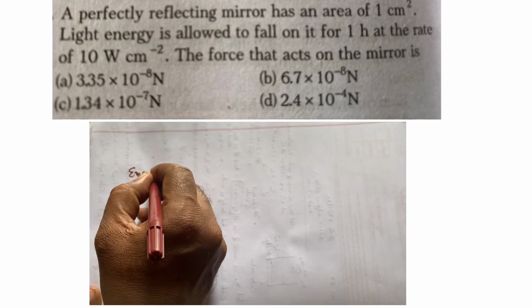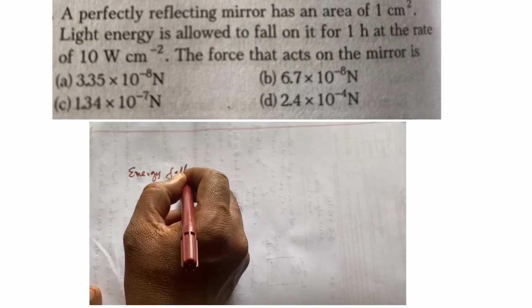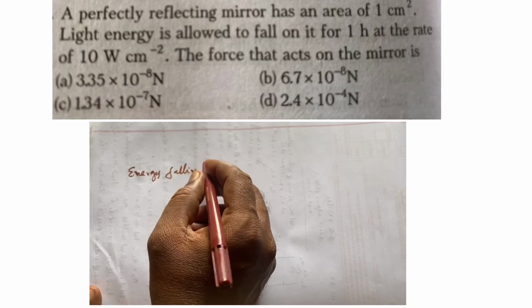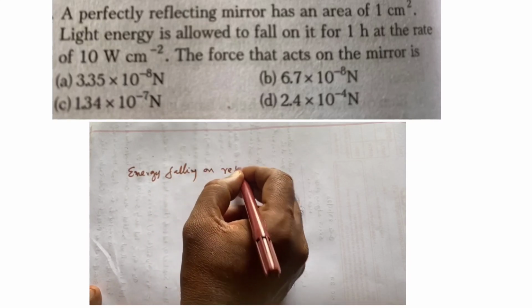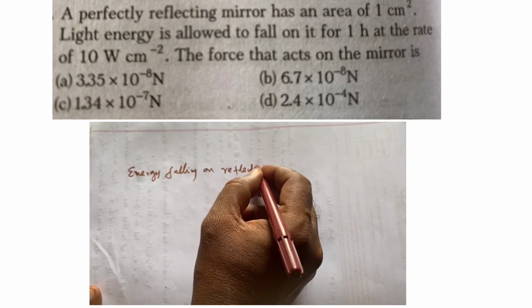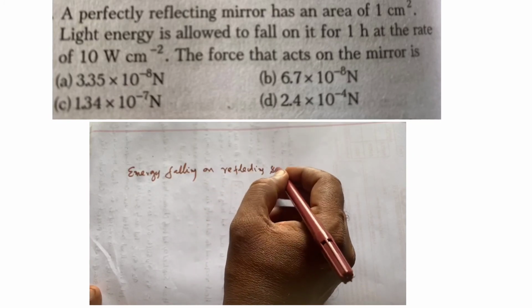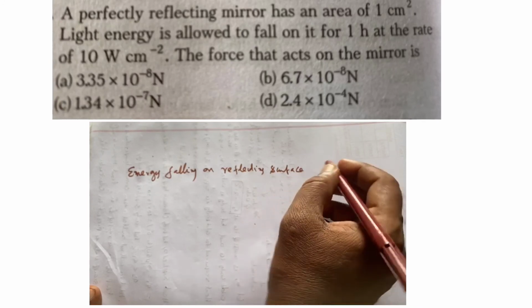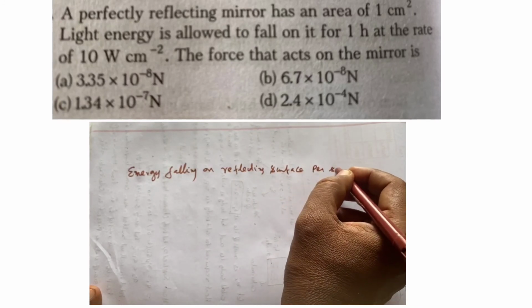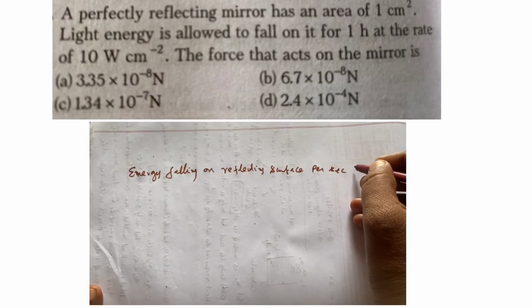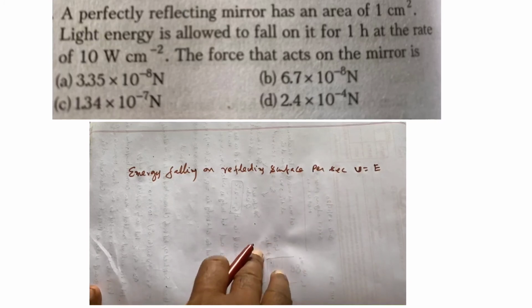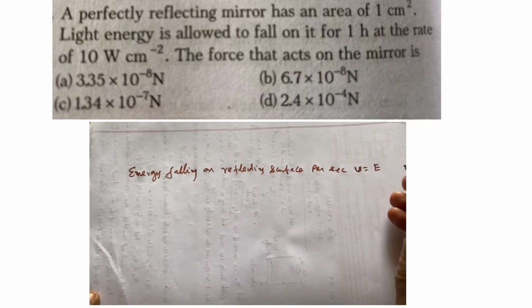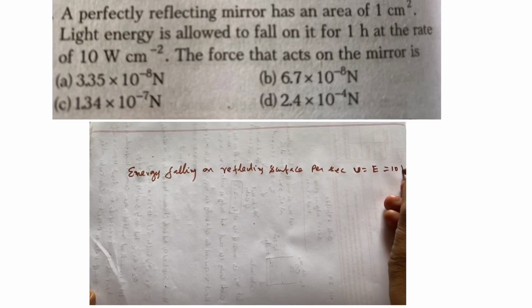Energy falling on the reflecting surface per second, U equals E, which is given as 10 joules.